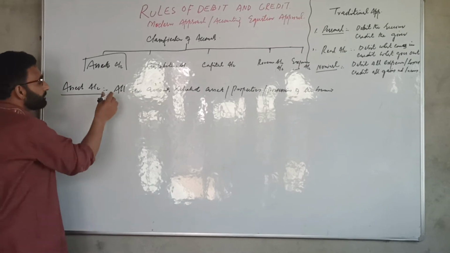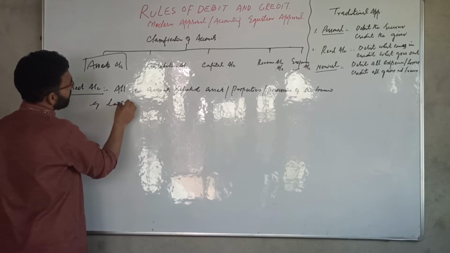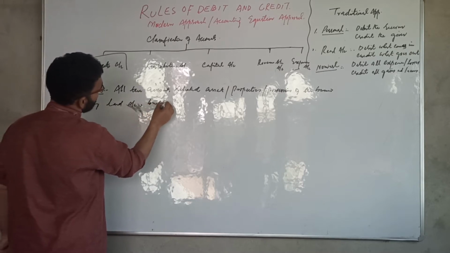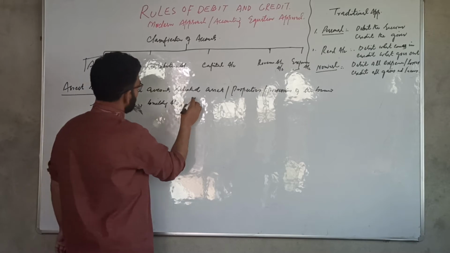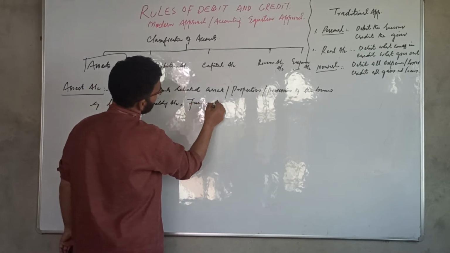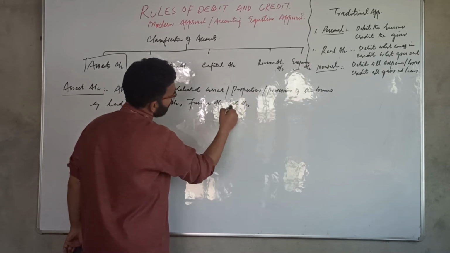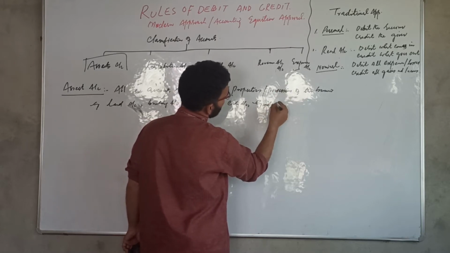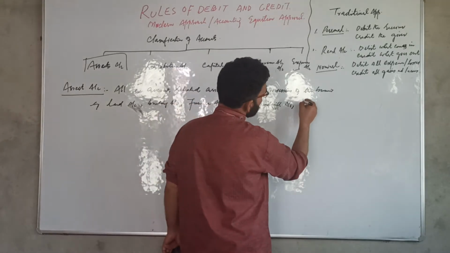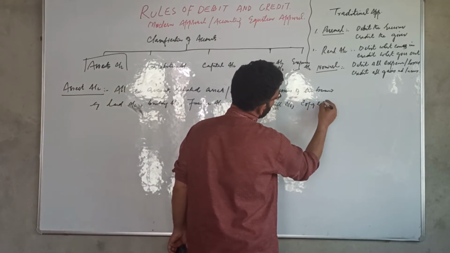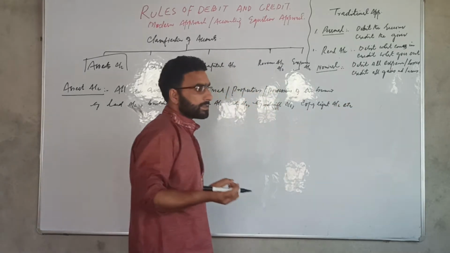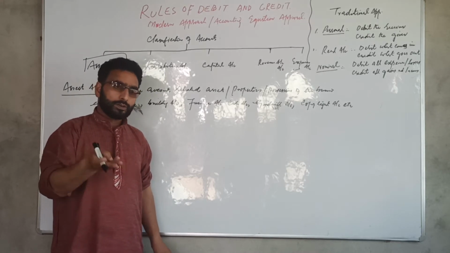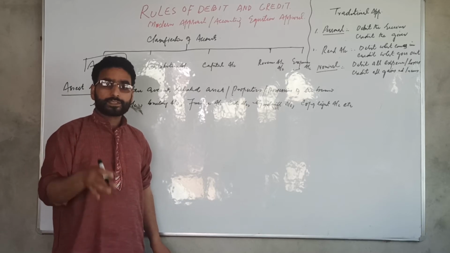So for example, we have land account, building account, furniture account, cash account, goodwill account, copyright account, trademark account, etc. All the properties, they may be current assets, fixed assets, non-current assets, floating assets, tangible assets, or intangible assets.